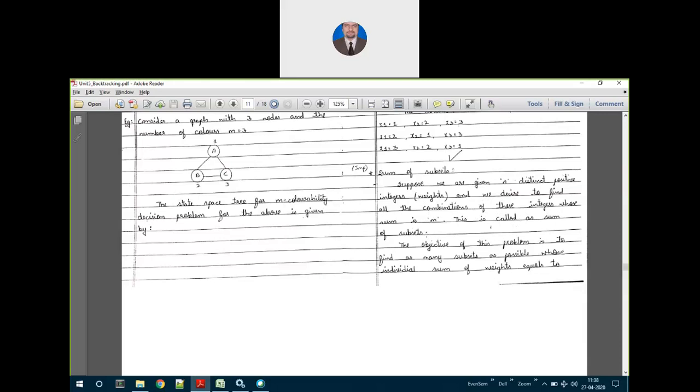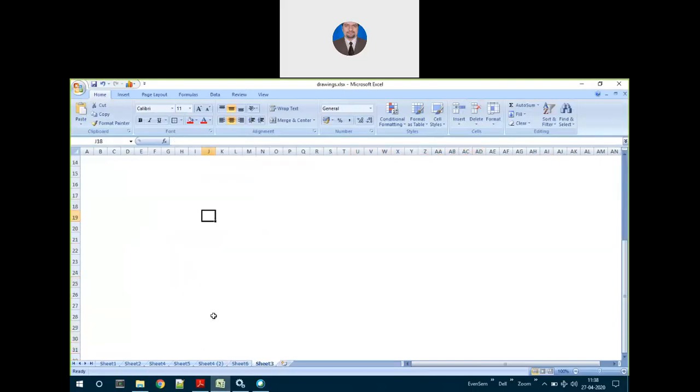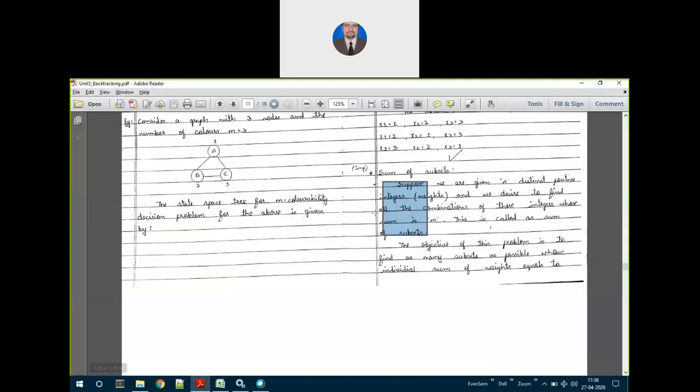Now let us take an example and try to understand what this sum of subset is. We are given n distinct positive integers, that is, weights.